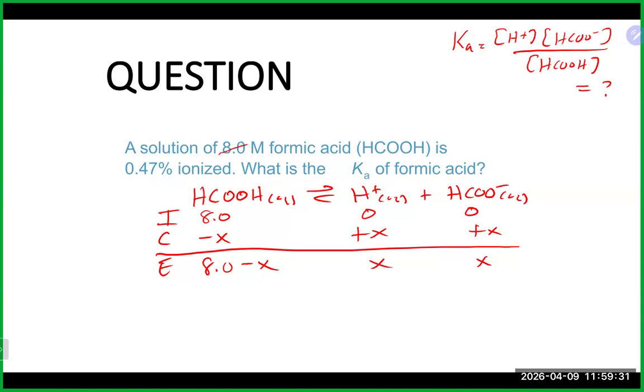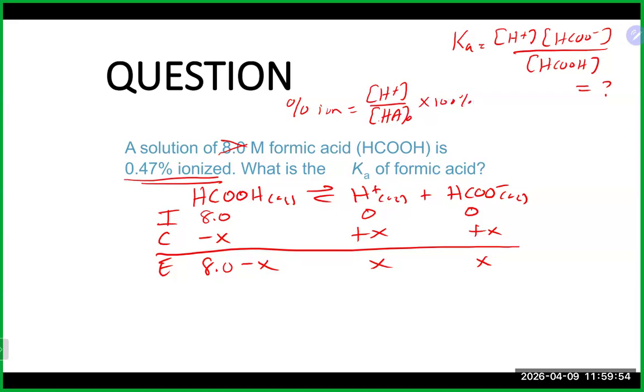So we have used this piece of information. There is one more piece of information available to us in this problem, and that is the percent ionization. As we just saw on the previous slide, percent ionization is equal to the H plus concentration divided by the initial acid concentration, times 100%.